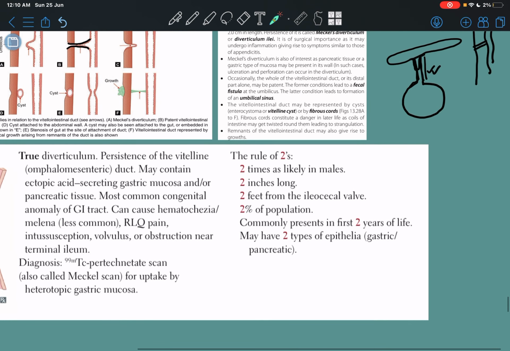So now coming to the rule of twos. It's commonly present in the first 2 years of life. Congenital disorders, obviously, as soon as you're born. So first 2 years of life, 2% of the population, and 2 times as likely in males. Then, as I said, 2 feet from the ileocecal valve, that is the exact location. 2 inches long.